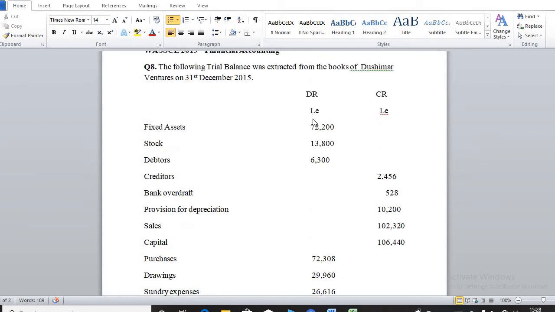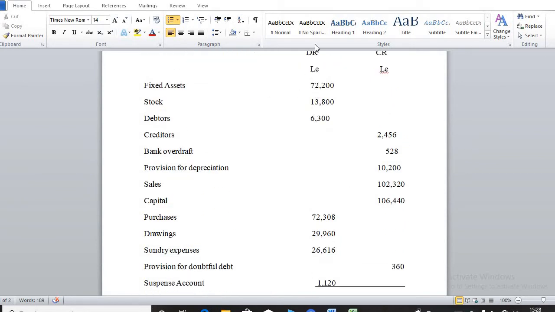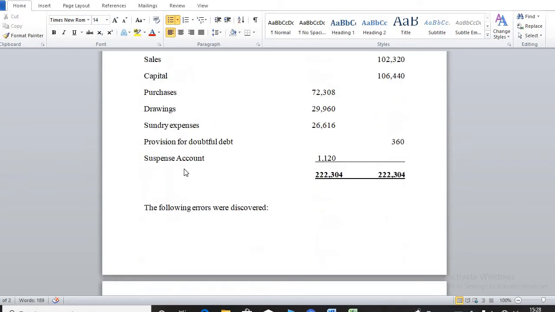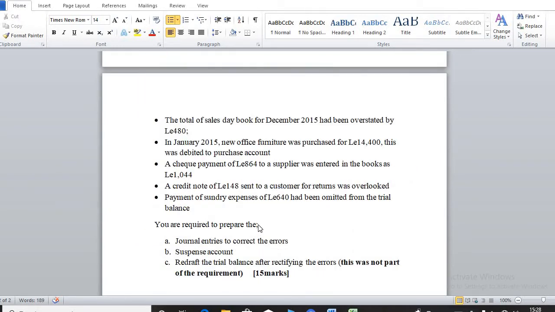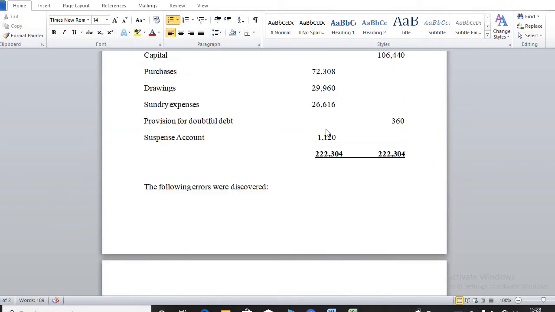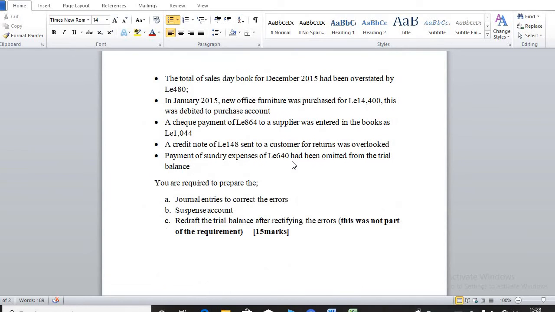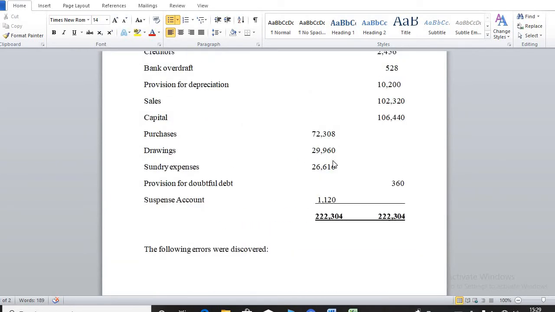Meaning when the accountant was preparing the trial balance, the balance which has to do with expenses was excluded from this list. We know that expenses have a debit balance, meaning on the debit side of the trial balance, an amount of 640 has been excluded.